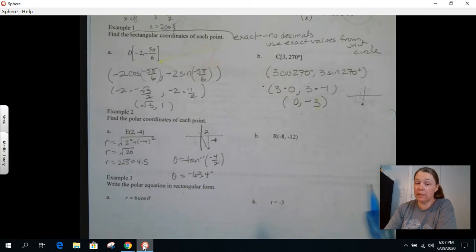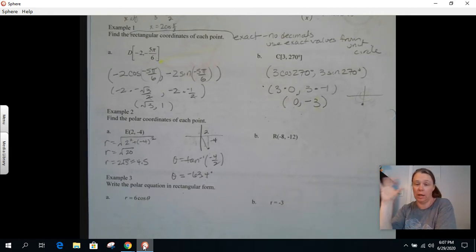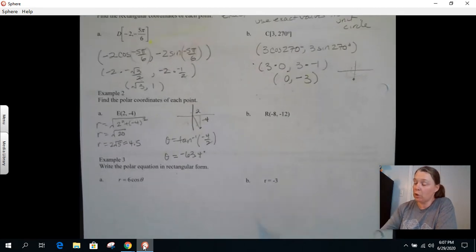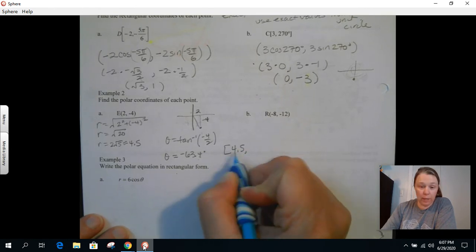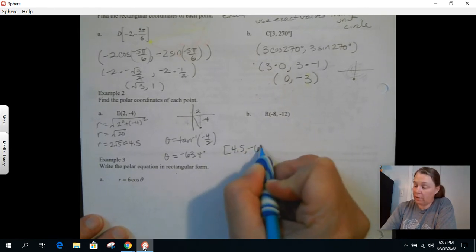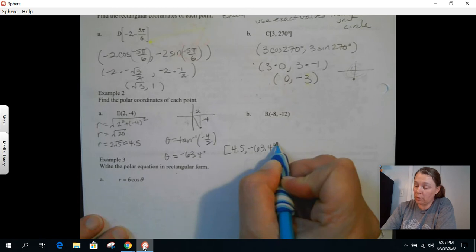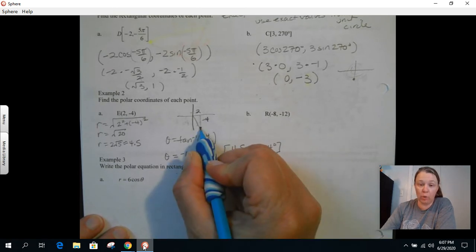Okay, so would this work if I were to write this as a coordinate 4.5, -63.4? Because now remember, this is asking for a polar coordinate, so your answer needs to be written as a coordinate. So it's not like with vectors where you could say my magnitude is this, my direction angle is this, and then you didn't have to connect them with any sort of notation. This you do. So when you go to write your final answer, does this make sense? To have a radius of 4.5 and an angle of -63.4 degrees. Would that get you to this point in the 4th quadrant?